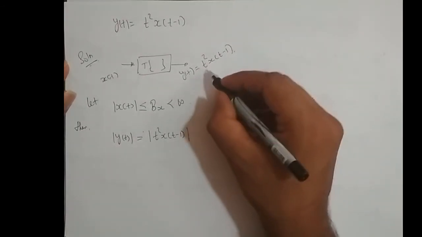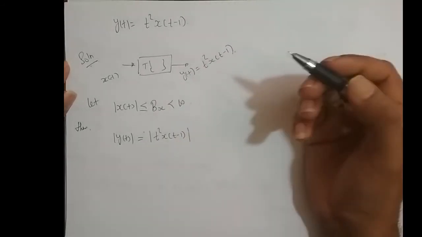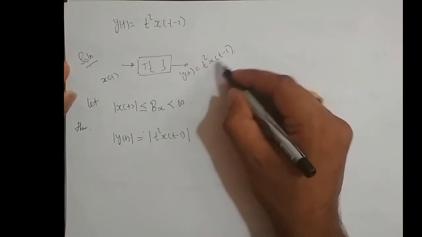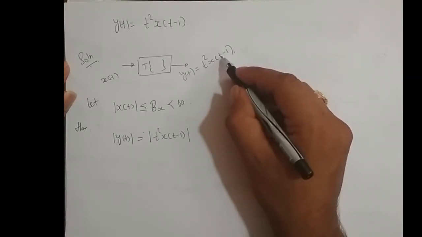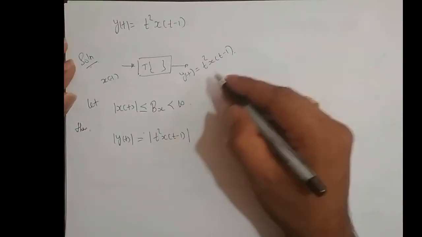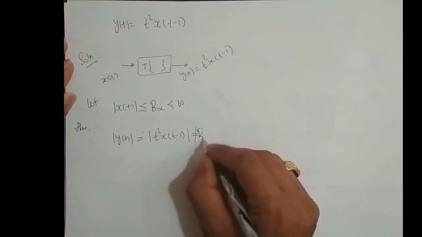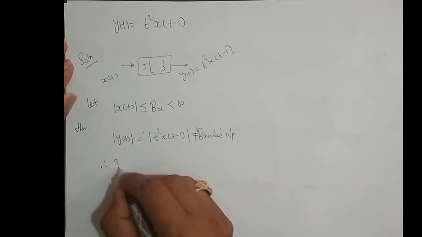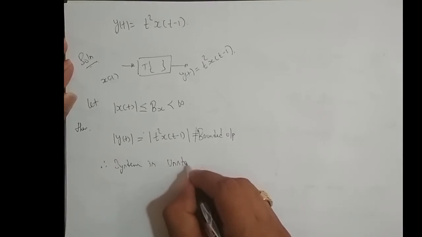Now, since we have t square, when t goes to infinity, infinity square is infinity. When t goes to minus infinity, minus infinity square is infinity, right? Even though x of t minus 1 at t equal to infinity or minus infinity is finite, bounded, t square is infinity. So this is actually not a bounded output. Therefore system is unstable.